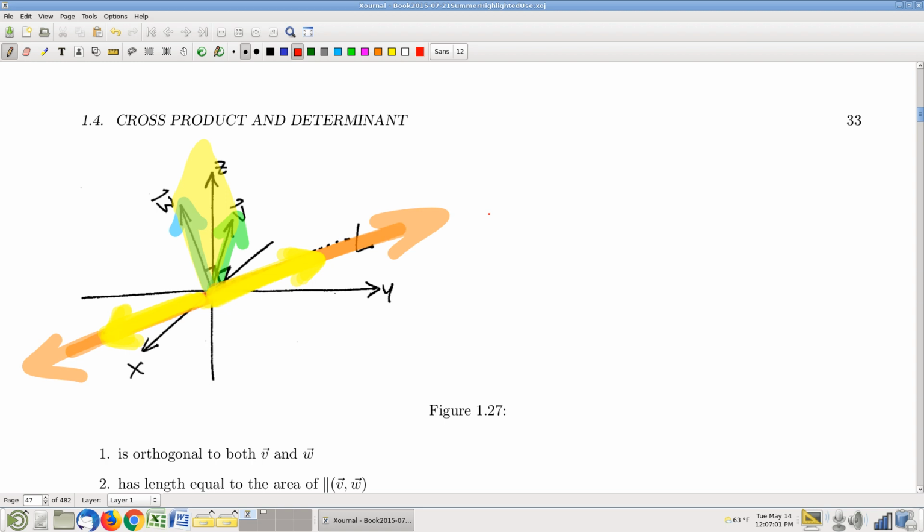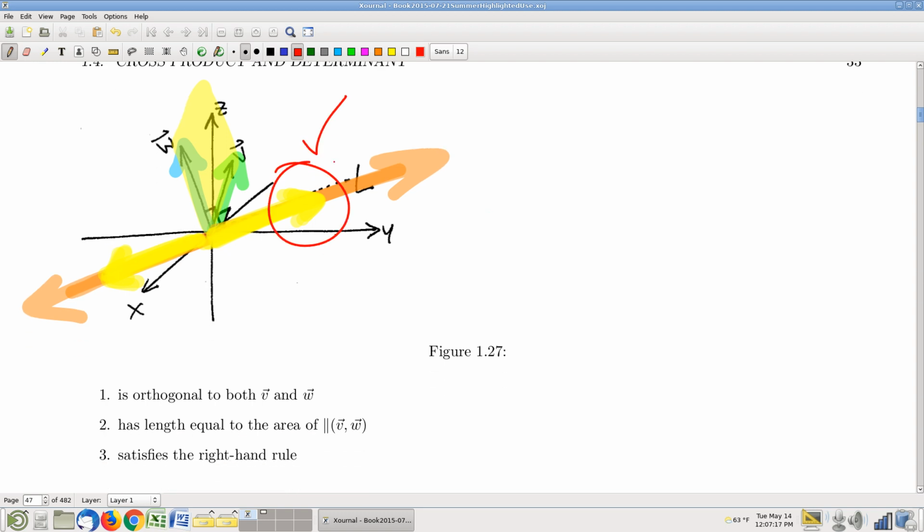Bend your middle finger in the direction of W. Notice that your thumb points that way. And so this one is the cross product, because that's what makes the listing a right-hand order.